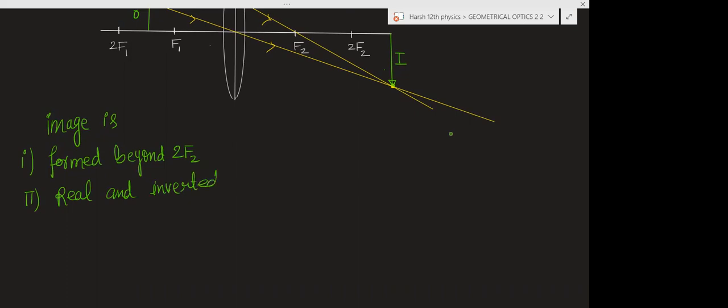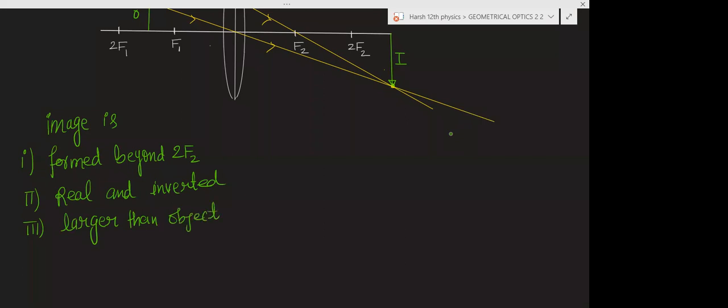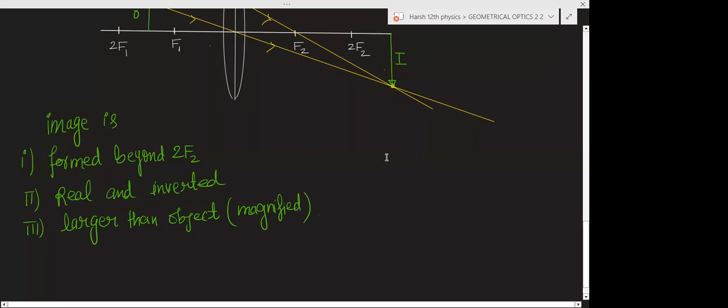And last, larger than the object. What is the other name for larger than the object? Magnified. Not amplification, that is a different thing. We will study amplification also. Okay, write down.